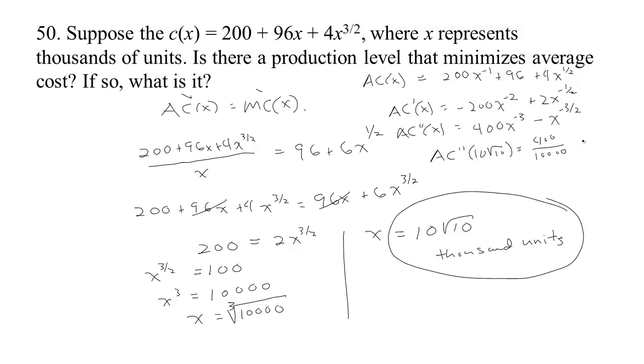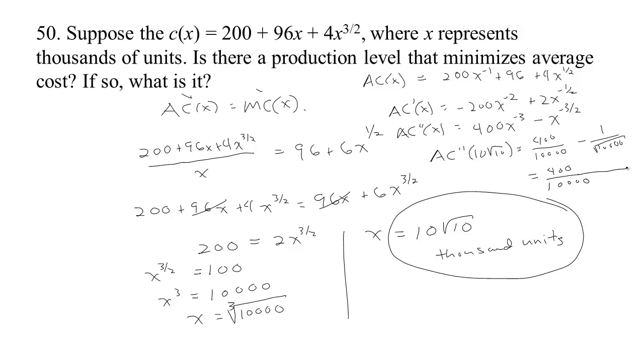10,000 minus, let's see, this is 1 over x to the 3 halves, so that would be x cubed, that's 10,000, but take its square root here, and that would be 400 over 10,000.